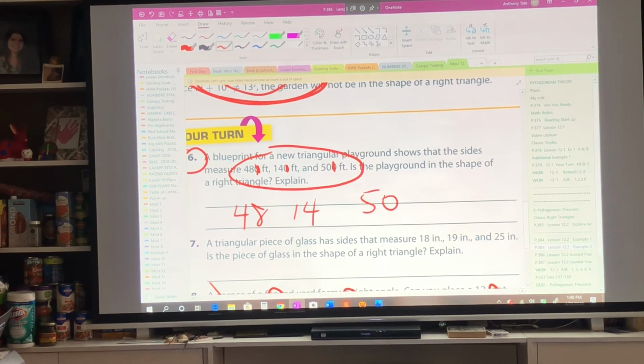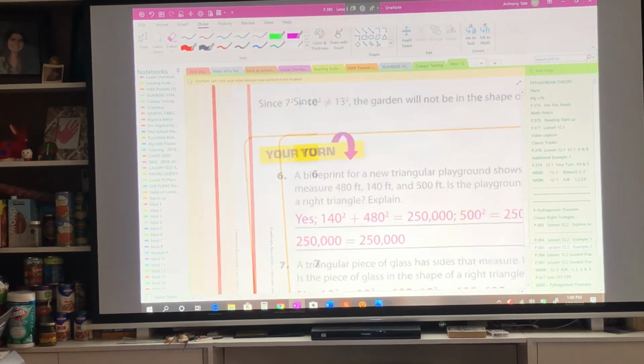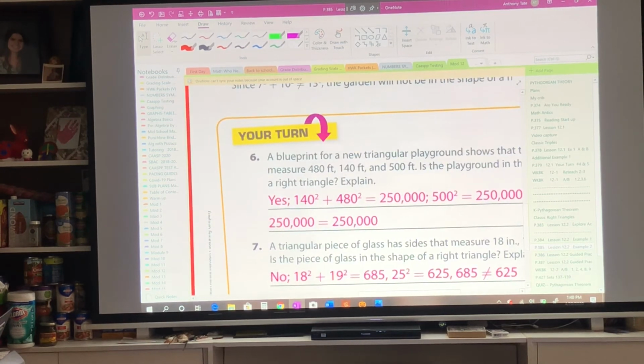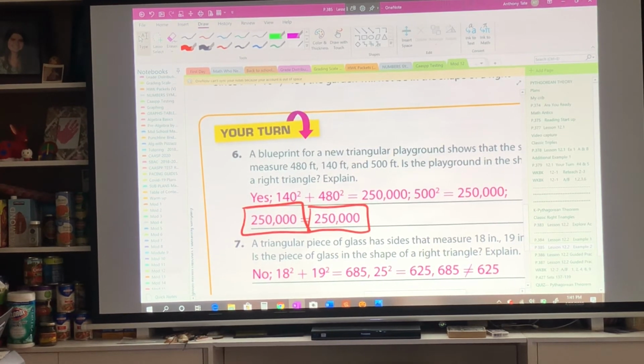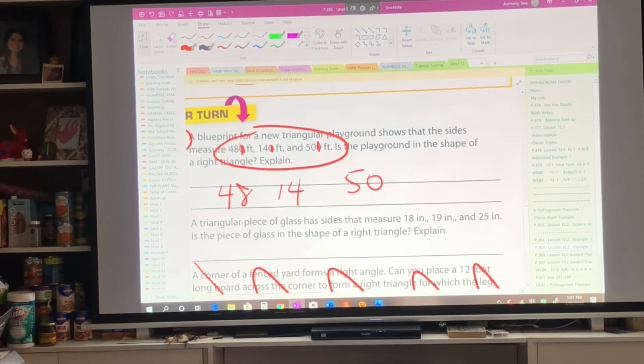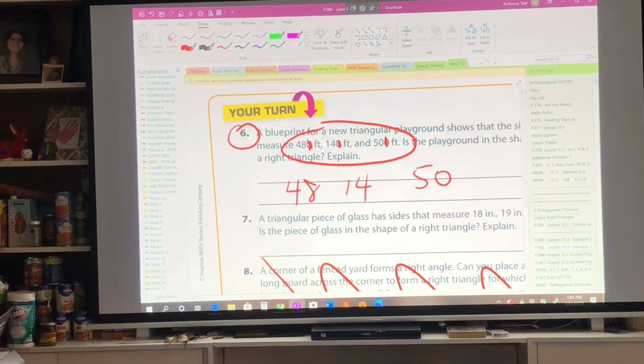So if you had to do this by hand, you could divide each of them by 10 and just take 48 squared plus 14 squared equals 50 squared, and you'd end up with a smaller number. Make sense? It would still work. The ratios are the same. It's a 10-to-1 ratio.